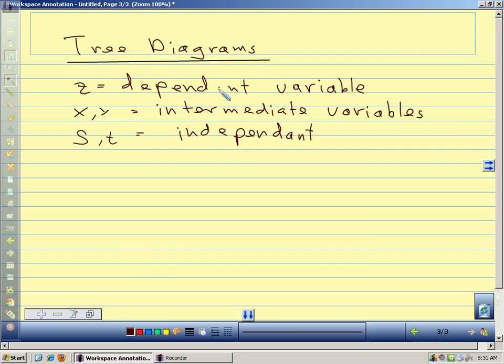So we start our tree diagram with our dependent variable, z.